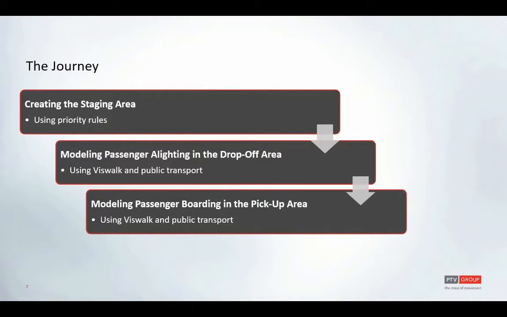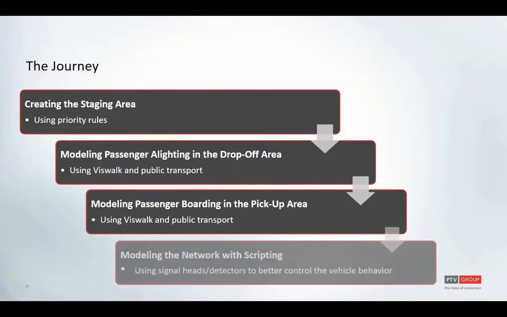And then from there, we're going to look at modeling passengers in the drop-off area and in the pickup area. In this case, we're going to do that with public transport, and that way we can utilize the integration with VisWalk. And then, as you'll see, we're going to further define that behavior using some scripting, and then use that to trigger different signal heads in the network.